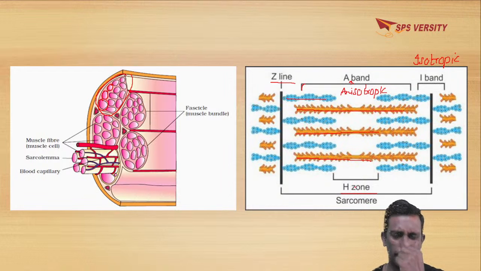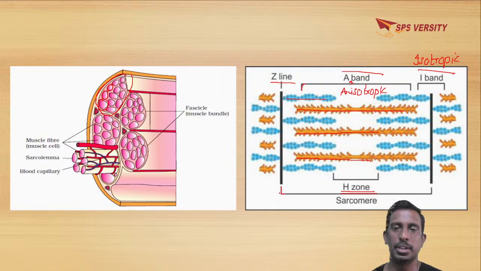So in a sarcomere, these are the parts. These are actin filaments, these are myosin filaments. The region from here to here is called the A band, which is anisotropic. Here it is called isotropic. And here is the H zone, where only myosin filaments are present.